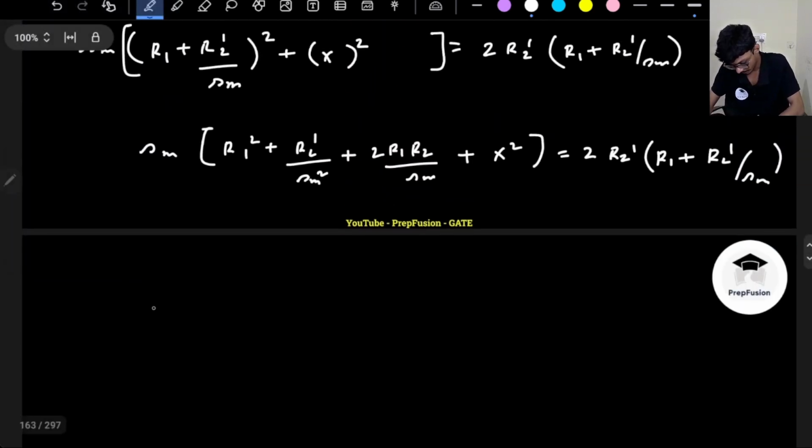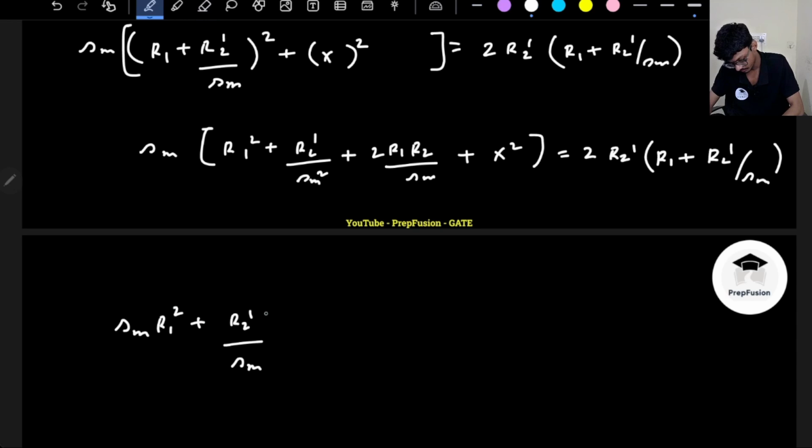So what I am observing is sm into r1 whole square plus r2 dash divided by sm whole square, this will be whole square, plus 2 r1 r2 dash, plus sm x whole square. This will be basically 2 r1 r2 dash plus r2 dash whole square divided by sm.